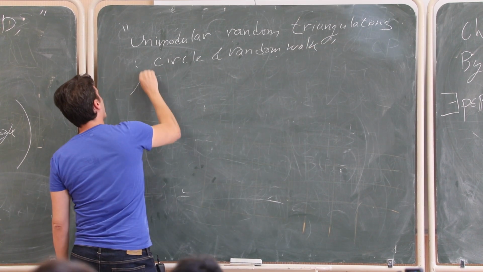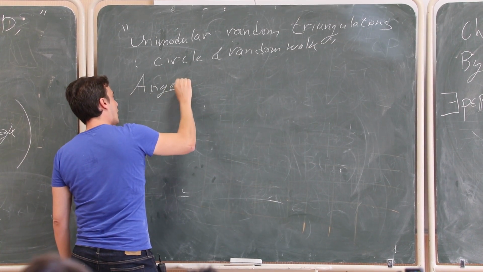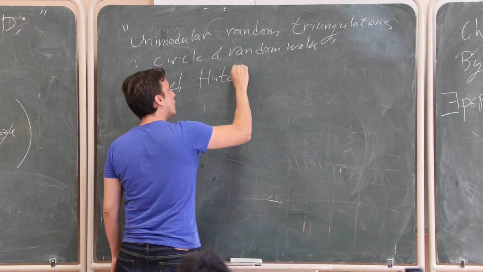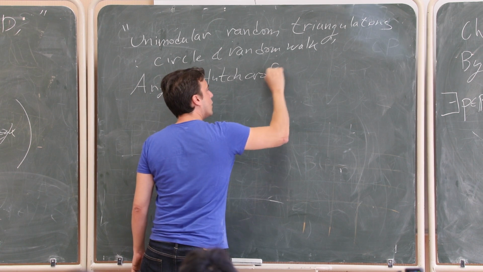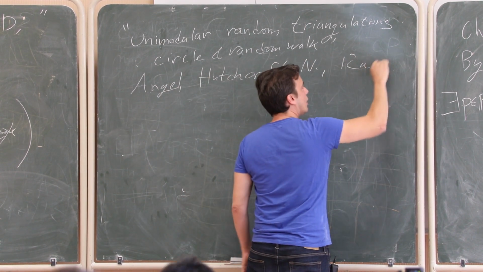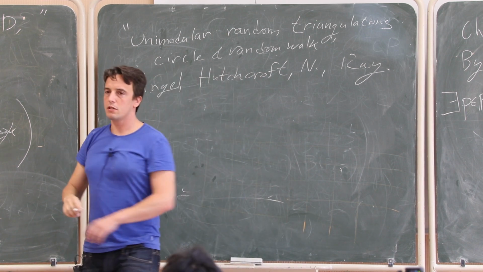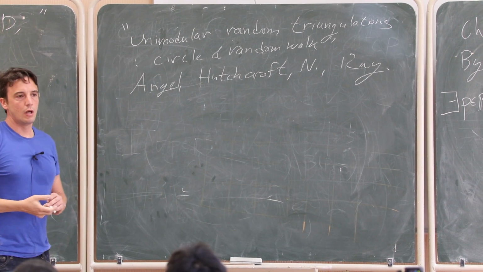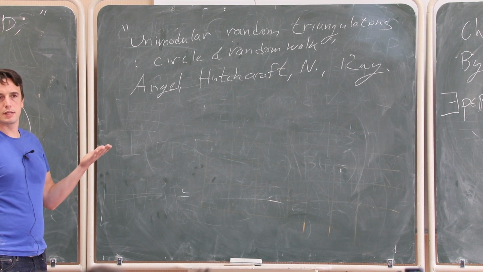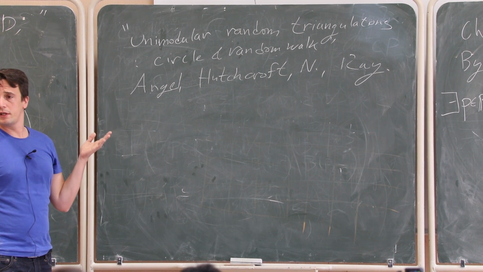This is by Omer Angel, Tom Hutchcroft, yours truly, and Gourab Ray. There you will see a proof that doesn't use all this machinery. However, it has two caveats. One is it doesn't give you this quantitative bound.